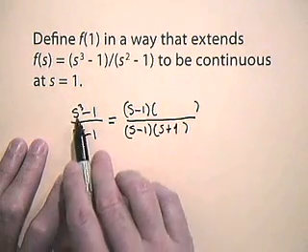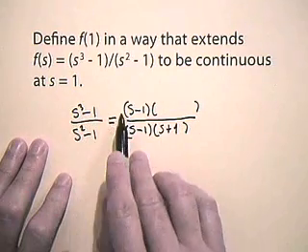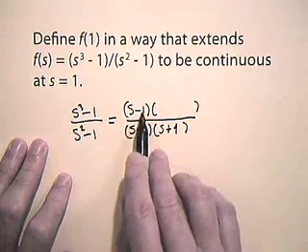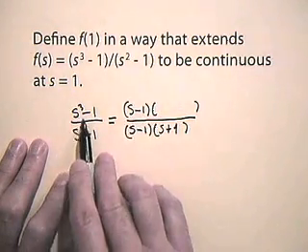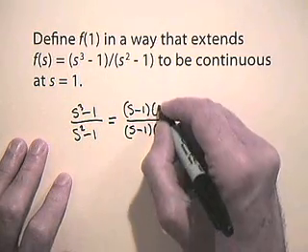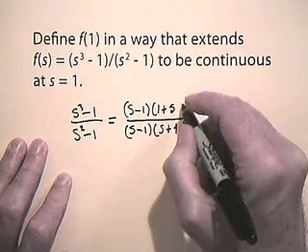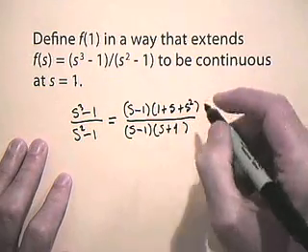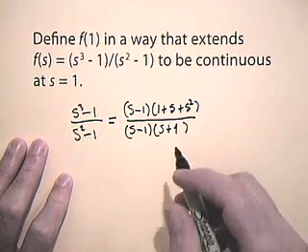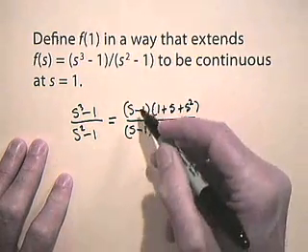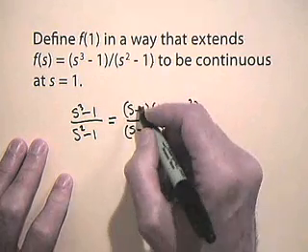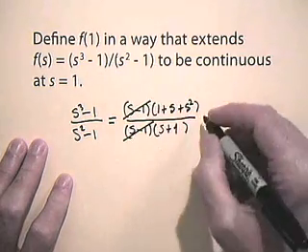To find the factorization of the numerator, what we can do is simply use division of polynomials to divide s minus 1 into s cubed minus 1. And when we do, we find the other factor as 1 plus s squared. So at this point, I have common factors of s minus 1 in the numerator and denominator, so I could cancel them.